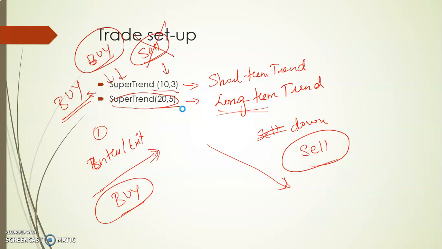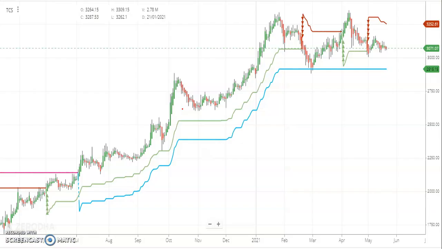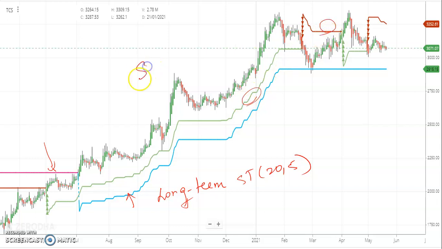We'll see it with the example. So now this blue line is the long term indicator, which is super trend 20,5, and this green and red is the short term super trend indicator, which is 10,3. Okay, so the strategy is, now we know the long term indicator gives us a buy signal.